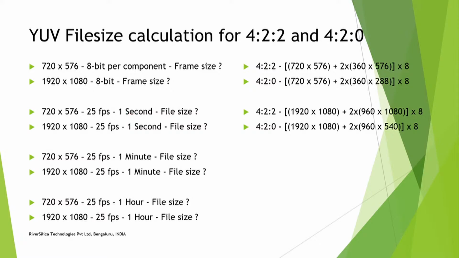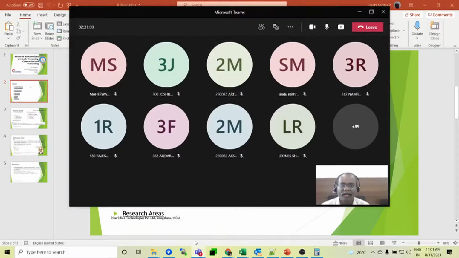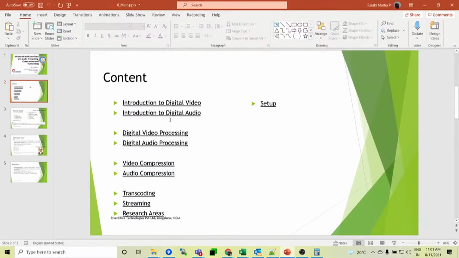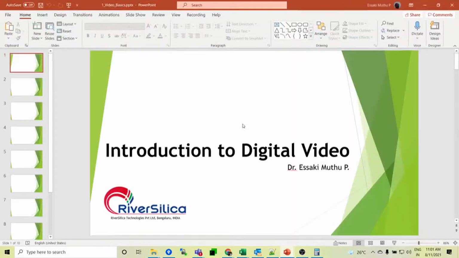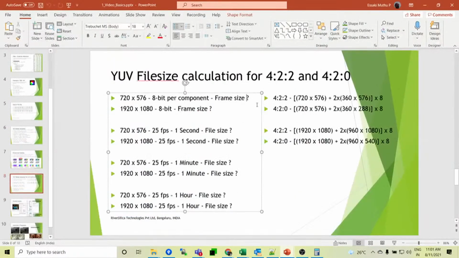Let me take the same digital video file. I'll go to this slide so that I can type it. Can you see that? Yeah. So in the case of 4:2:2, for example, I'm taking a resolution of 720x576.